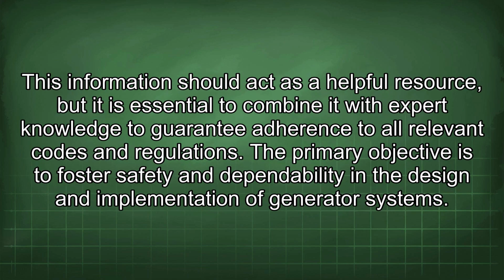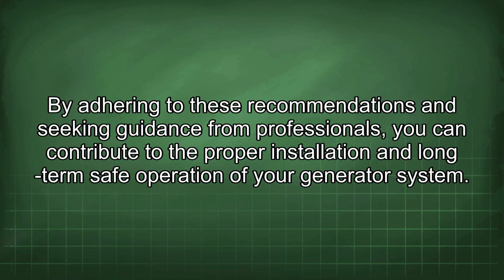This information should act as a helpful resource, but it is essential to combine it with expert knowledge to guarantee adherence to all relevant codes and regulations. The primary objective is to foster safety and dependability in the design and implementation of generator systems. By adhering to these recommendations and seeking guidance from professionals, you can contribute to the proper installation and long-term safe operation of your generator system.